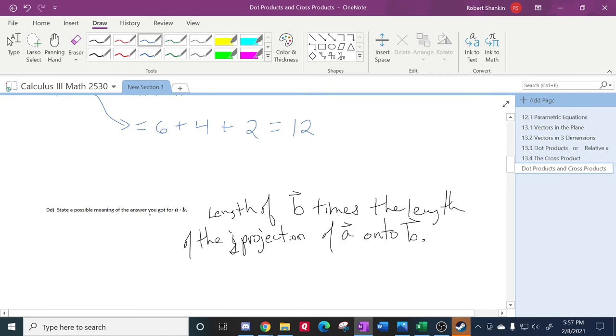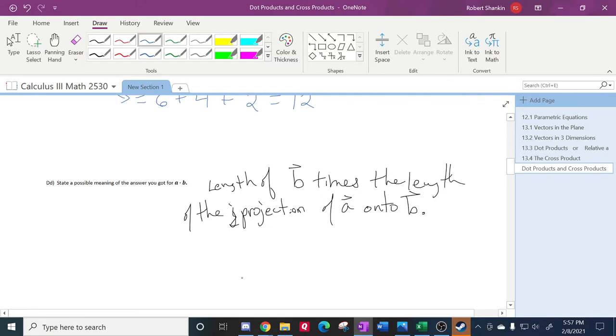Let's go to group 2. What's another possible meaning of this 12? This is the absolute value of A dot B. Group 2, you can say pass.